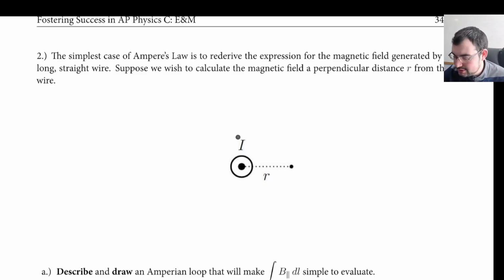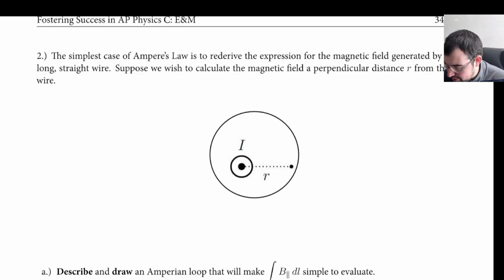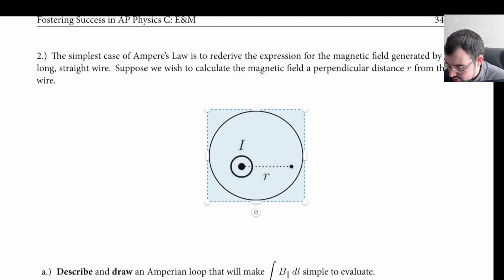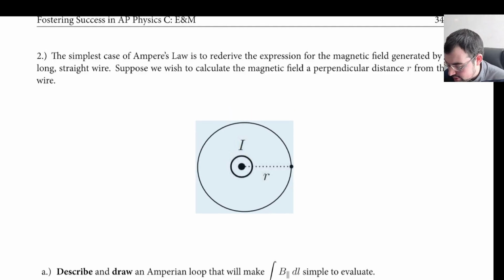We want the magnetic field generated from a long straight wire. All right, not the worst circle tool I've made. It's kind of distorted, but we'll make do. All right. So we want to calculate the magnetic field, a perpendicular distance r from this wire.